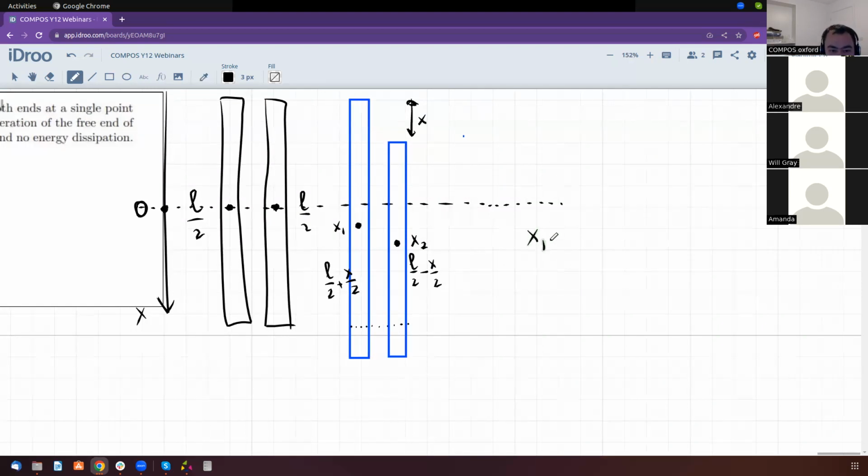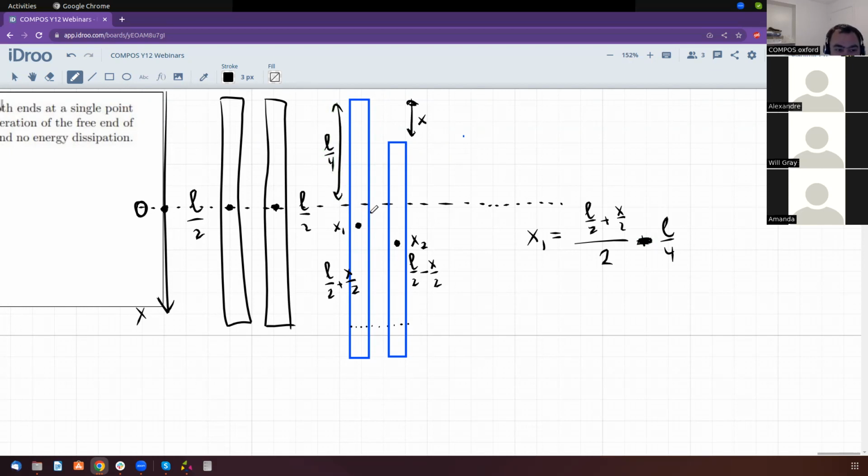So x1 is going to be half this, so L/2 plus x/2 over 2, minus L/4, of course, because that's this length. This length is L/4.